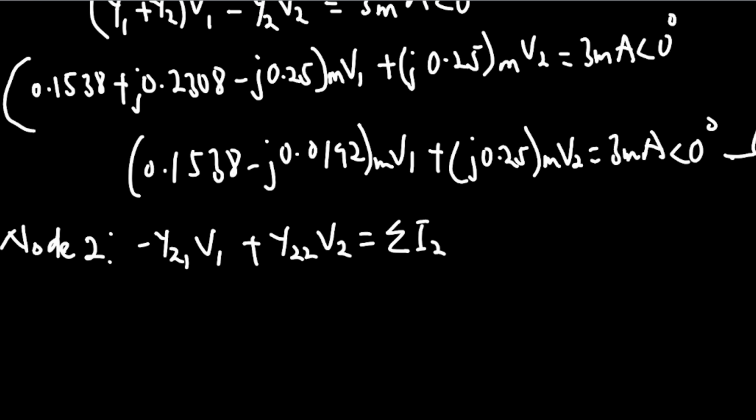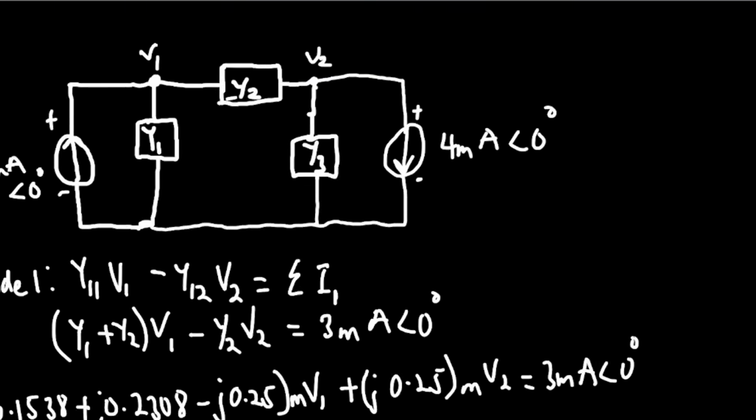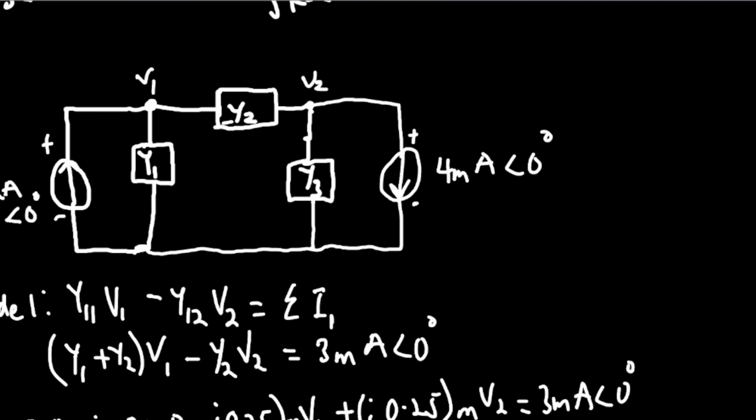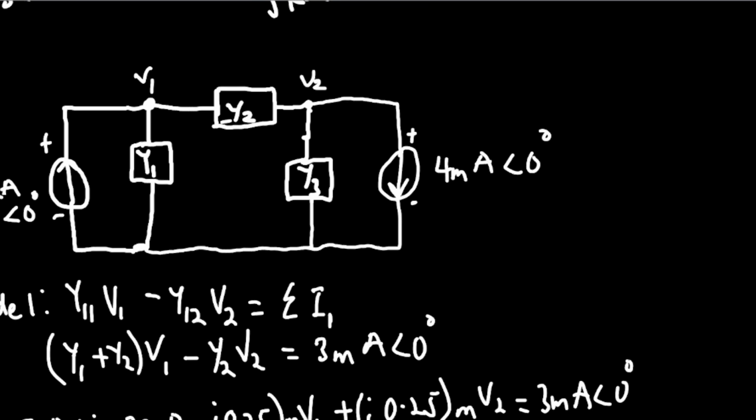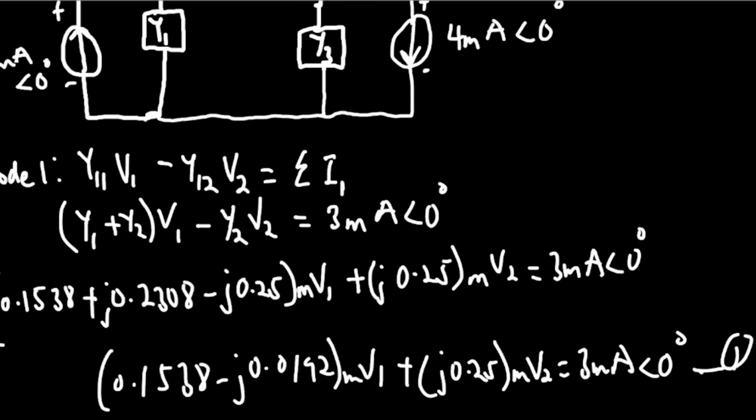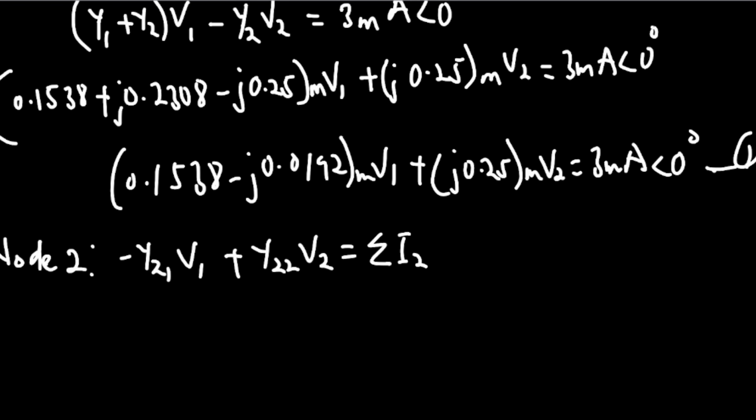And I told you in a previous video that there's a trick that Y12 is the same as Y21. All admittances between node 2 and node 1 is just Y2. So now we can write that in. Y2 was negative J0.25, so you get positive J0.25 milli V1 plus Y22.